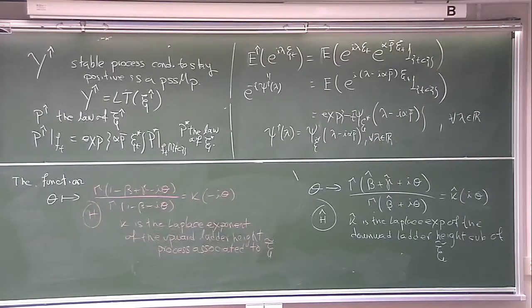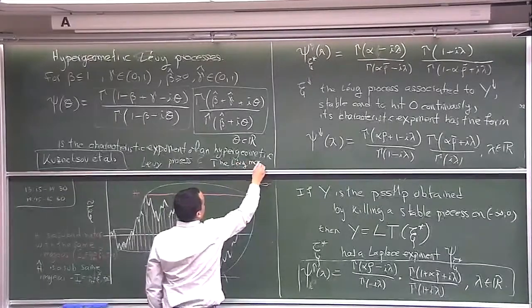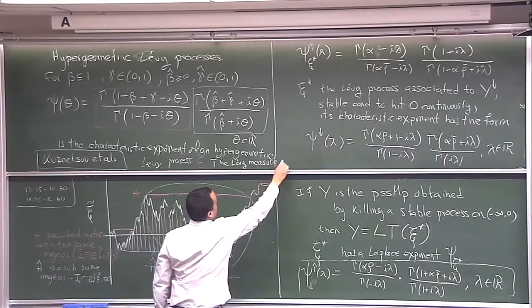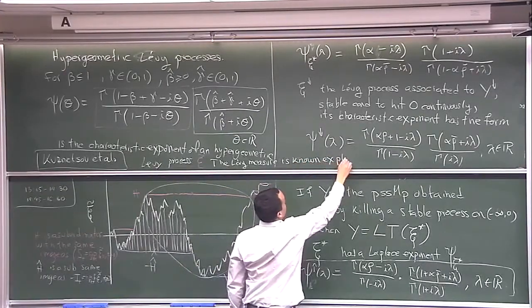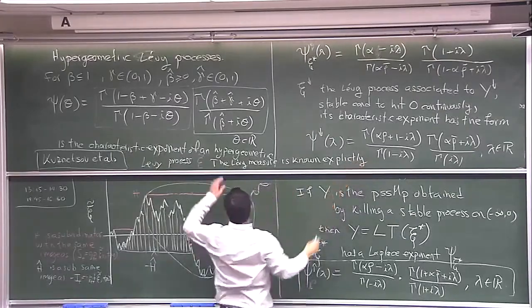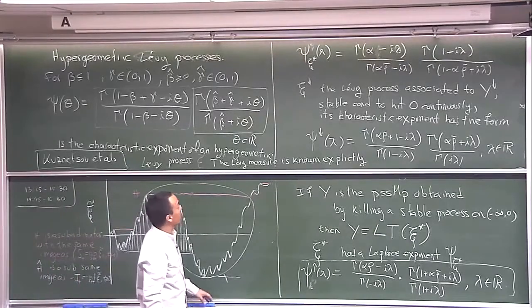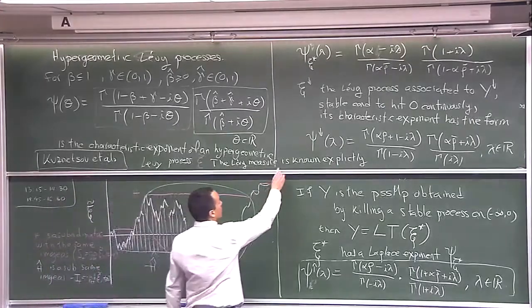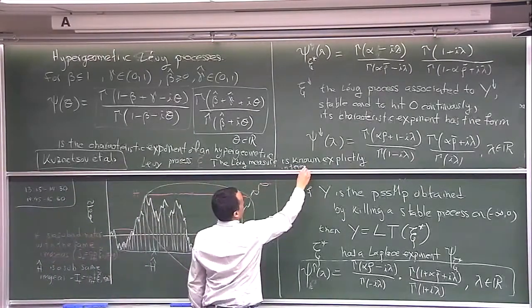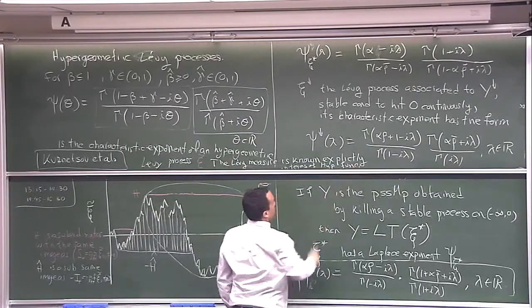And something I didn't say here is that the Lévy measure is known explicitly in terms of hypergeometric functions. That is why it gets the name of hypergeometric Lévy processes.